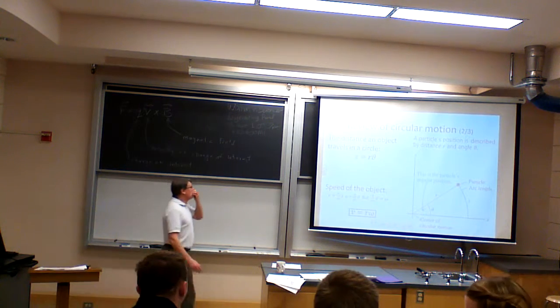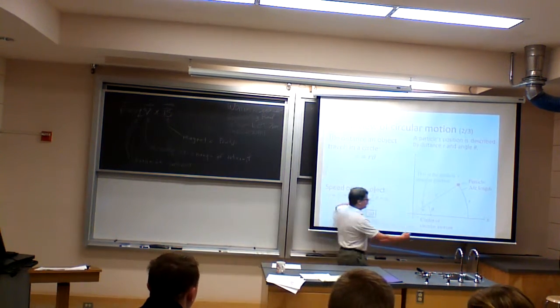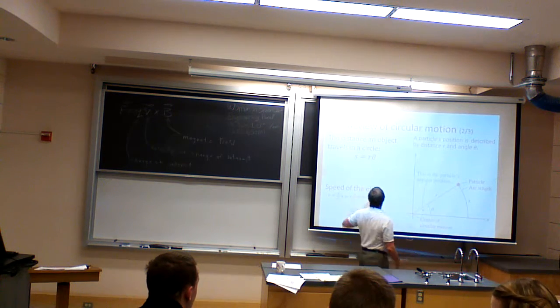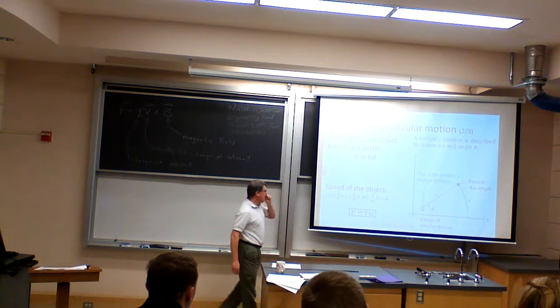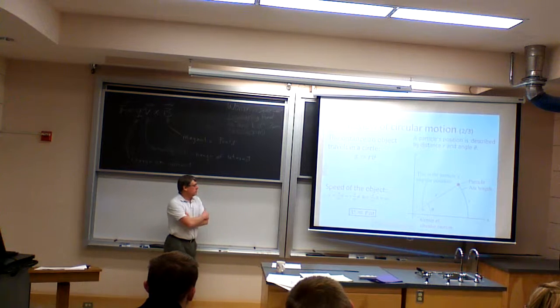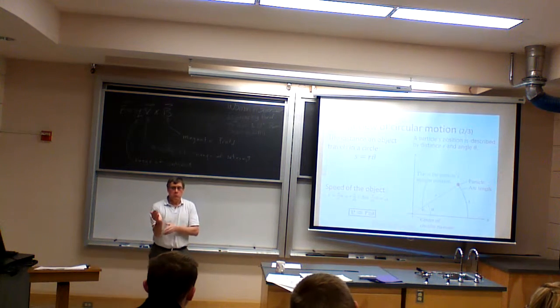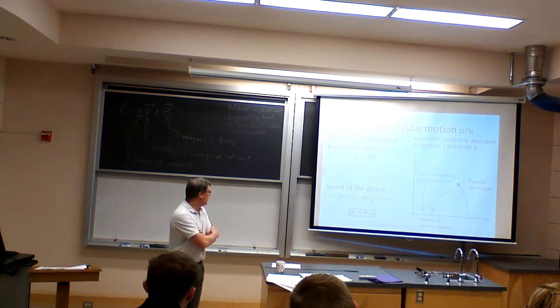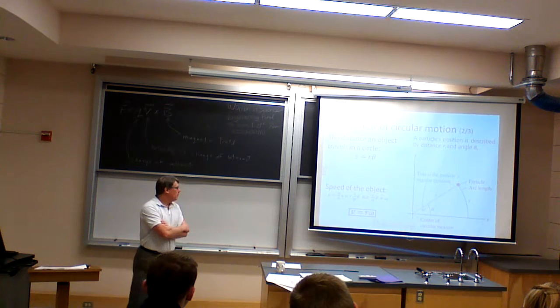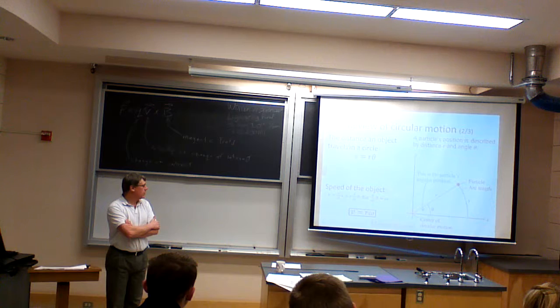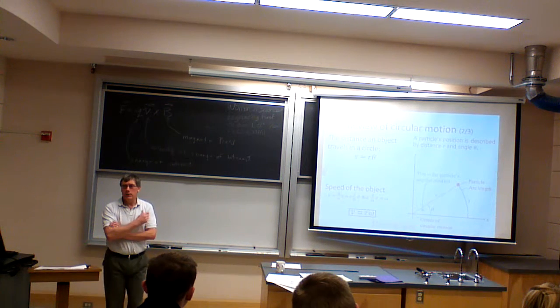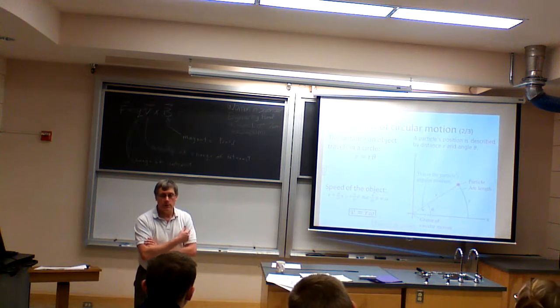So if we say our distance along the circle, s, is r times theta, the speed of the object will just be the rate of change of our position, s, with respect to time, how far we traveled, which is r d theta dt. But we know from past that d theta dt we've defined as the angular velocity omega.